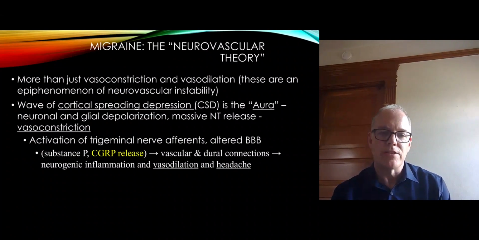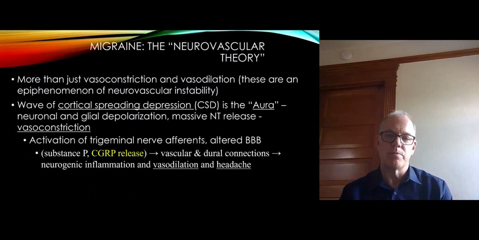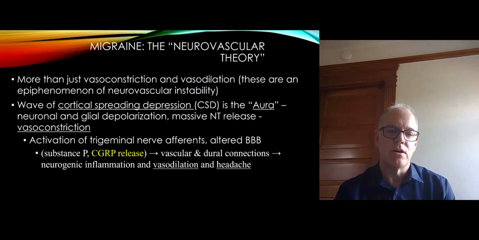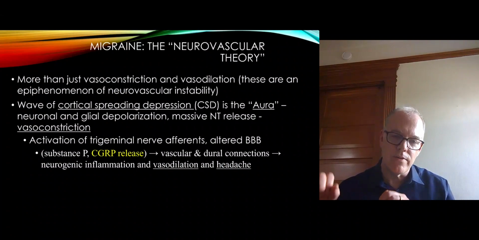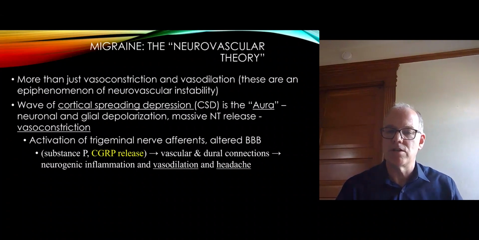So the neurovascular theory is our best explanation of what's going on in migraine, and it isn't known what sets this off, but there's what's called a cortical spreading depression in the brain. Okay, and there's just this wave of neuronal and glial depolarization.